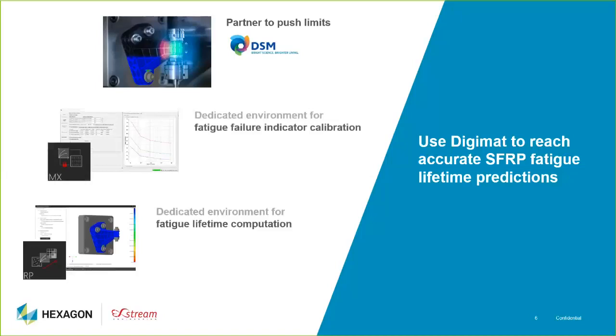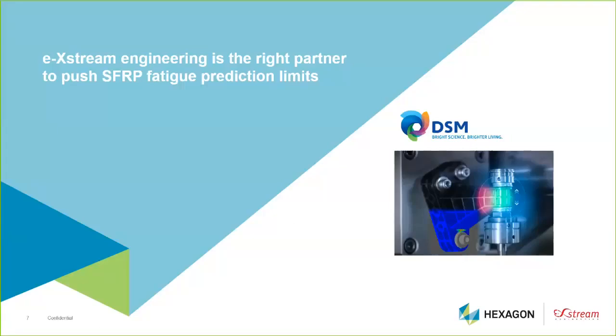Last, I will show you how you can use our Digimat-RP environment for fatigue post-processing in order to compute part fatigue lifetime at FEA level. So with that in mind, we'll start with Lucien's presentation about his work and about short fiber reinforced plastics. Lucien, do you hear me?